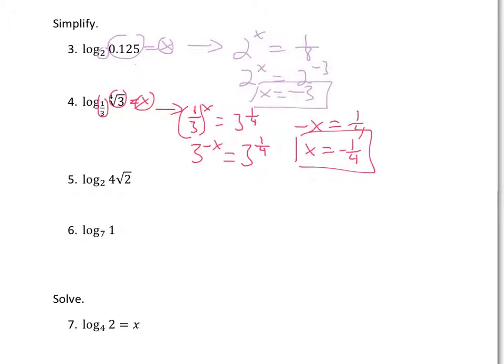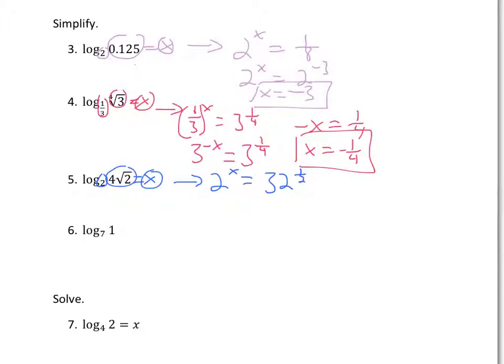Number 5. Set it equal to x, base, exponent, answer. Convert it. 2 to the x power equals 4th root of 2. Well, that's not very helpful to us, so I'm going to rewrite this. Root 32 as an exponential is 32 to the 1/2 power.